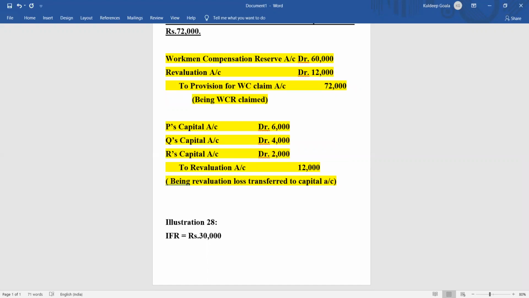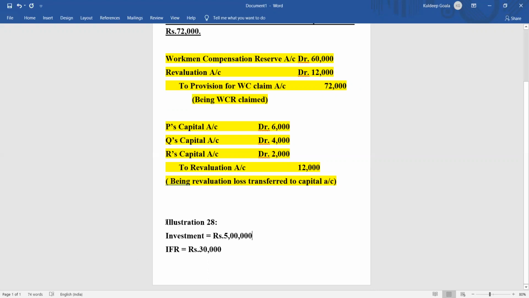And our investment value: investment was rupees 5 lakh.